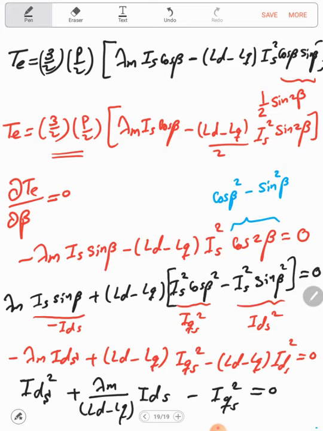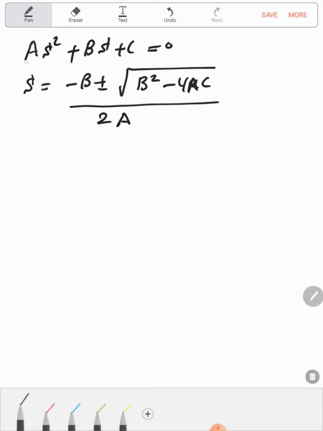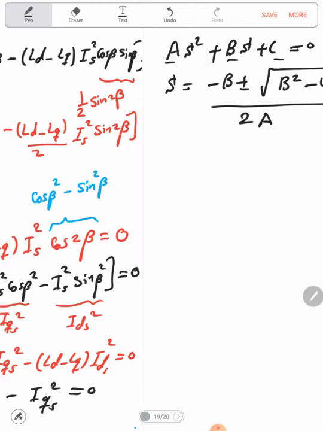Now this second order algebraic equation has a closed form. So if we recall, if we have a s square plus b s plus c equal to 0, the solution for s is equal to minus b plus or minus the square root of b square minus 4ac over 2a. So simply a, b, and c.